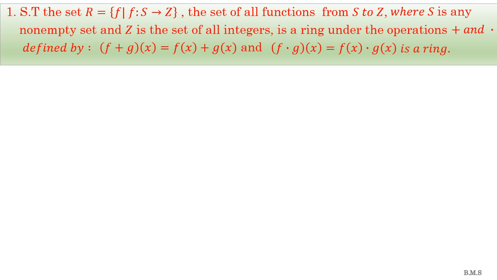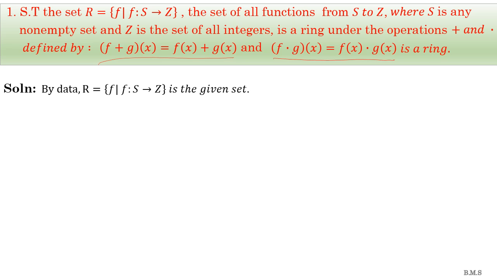So like this, (f plus g)(x) is equal to f(x) plus g(x), and (f dot g)(x) is equal to f(x) dot g(x). By data, R is the given set consisting of the elements f, where f from S to Z is a function.